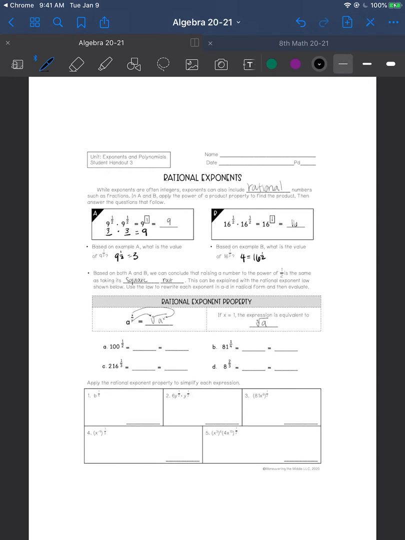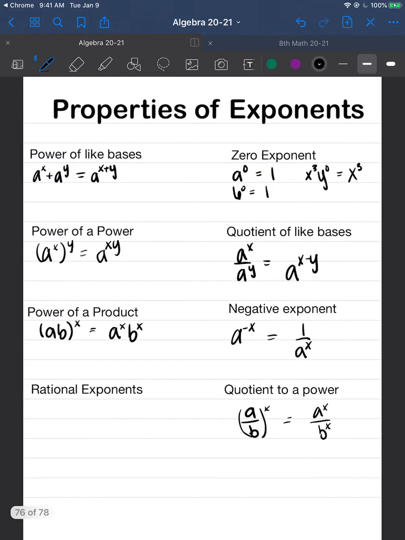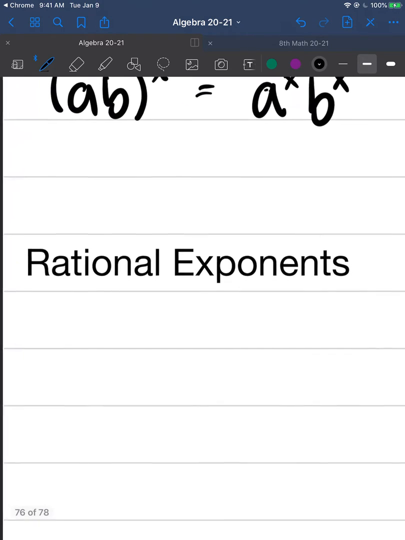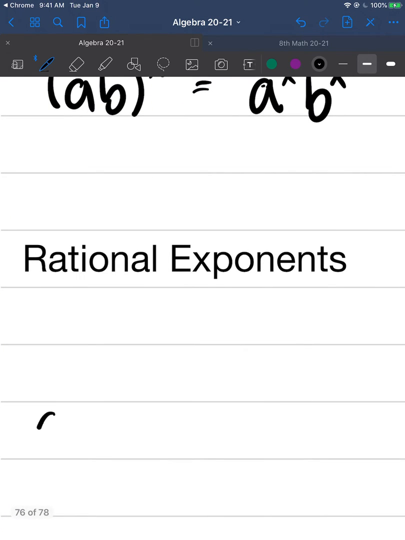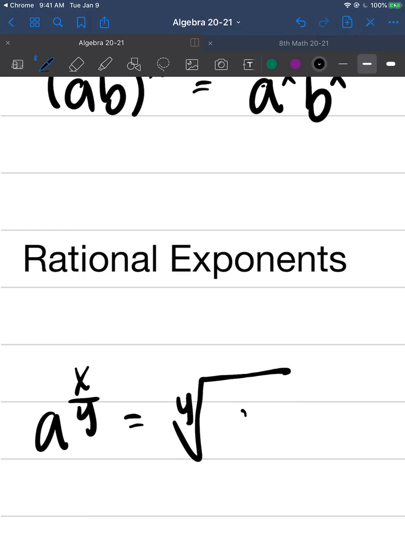So let's add that to our exponent rules. If we have a to the x divided by y power, that is equivalent to the y root of a to the x.